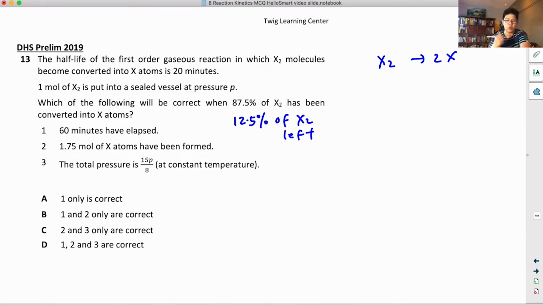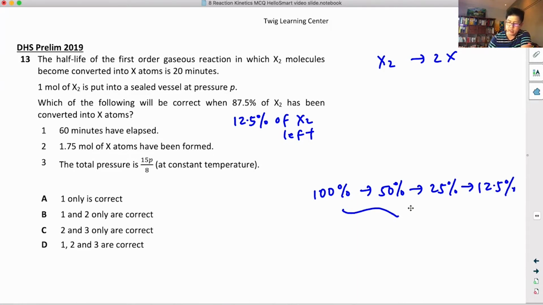If I started with 100%, you drop to 50%, drop to 25%, and then drop to 12.5%. So this is actually 3 half-lives. So the time taken will be 60 minutes, since each half-life is 20 minutes.